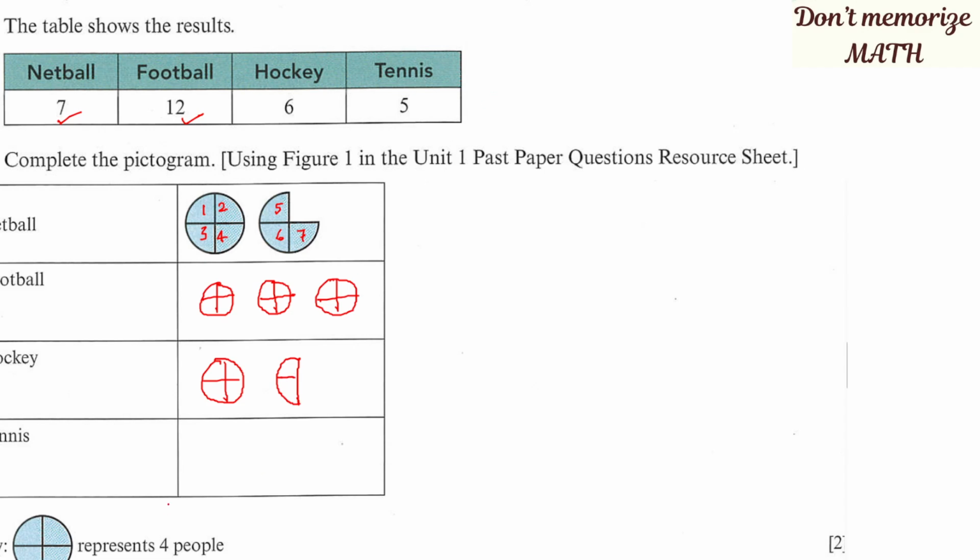Tennis is 5, so we need one complete circle for 4, then only one small portion: 1, 2, 3, 4, 5. When you draw with the pencil, draw it properly. So this pictogram is over.